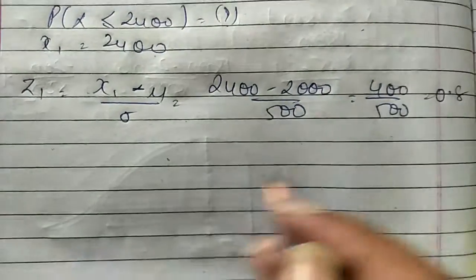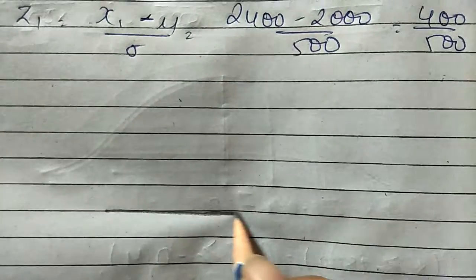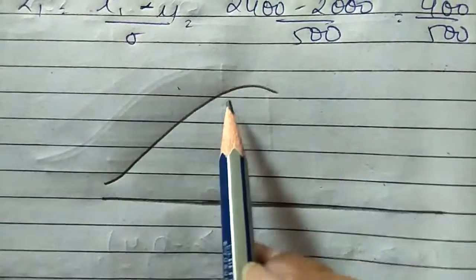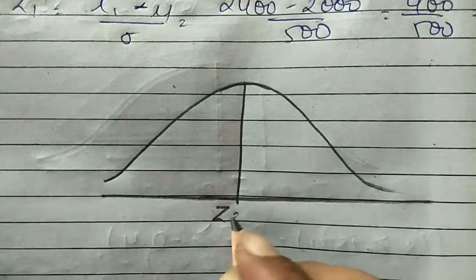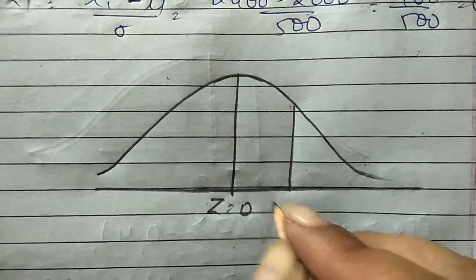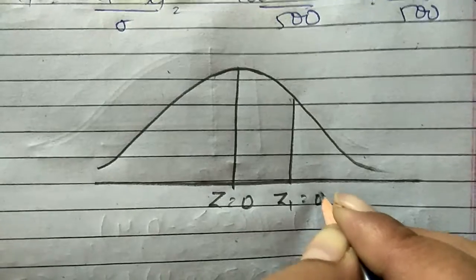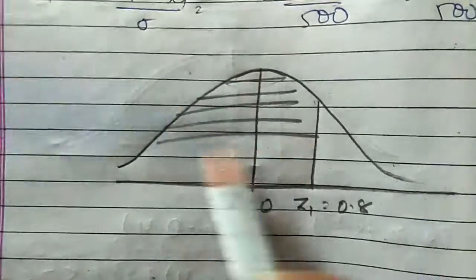So now let us draw the diagram for the same. So this is the centermost part, z = 0, and here comes z1 = 0.8. So this whole portion we need to find over here.